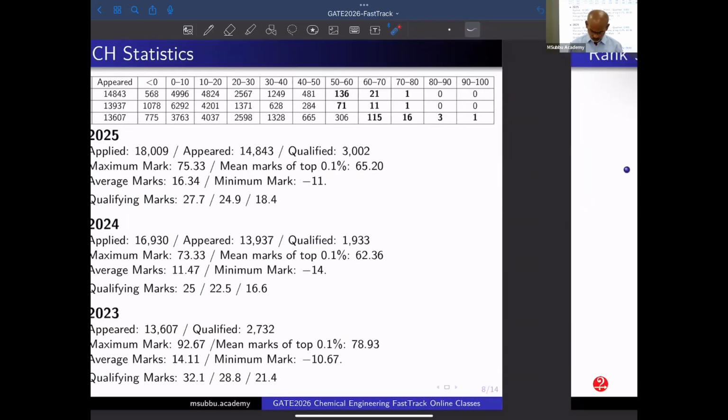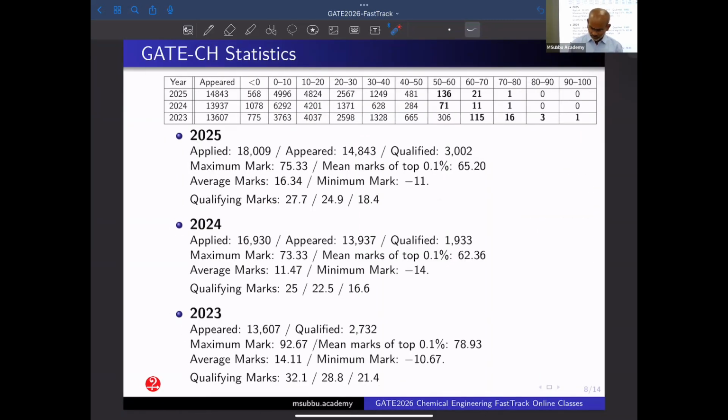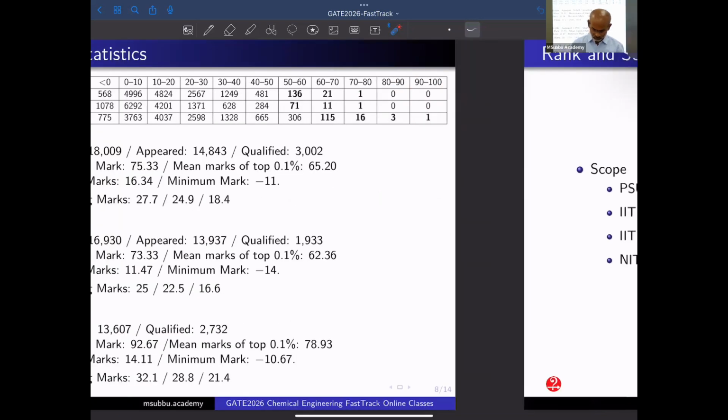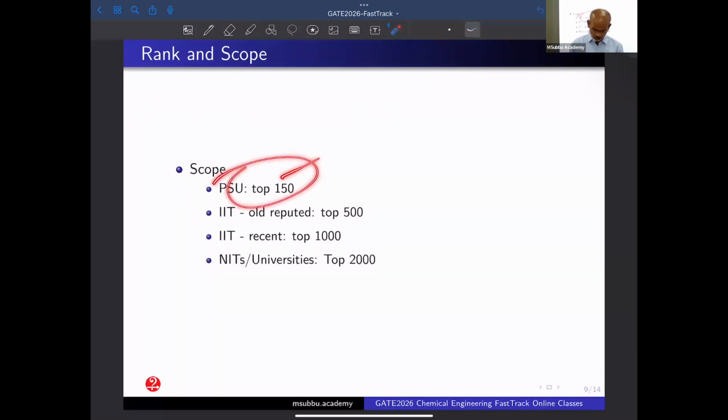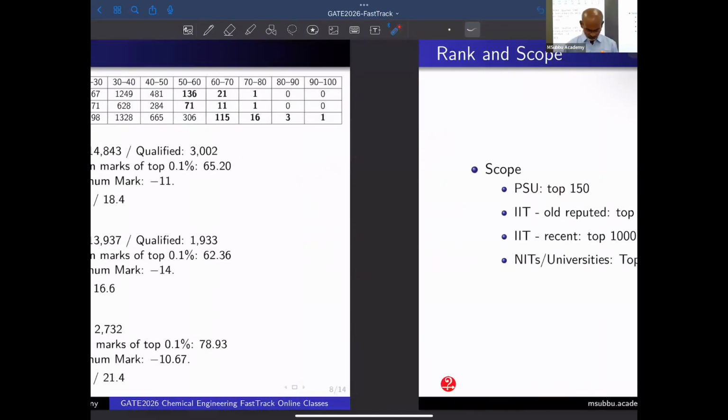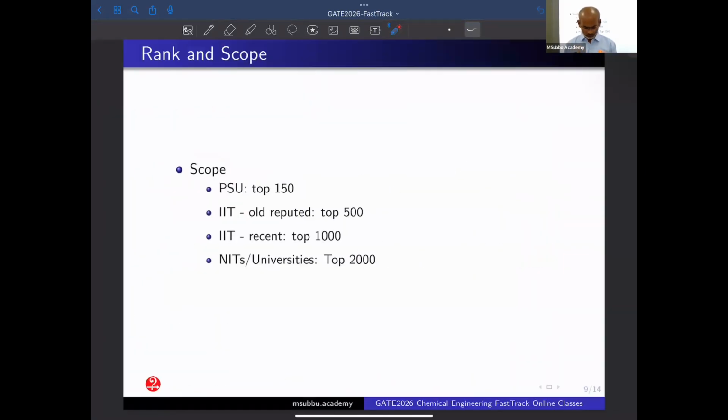So what we are aiming for here is that with this you can go into public sector units. You should definitely aim for this level, because it is for that only we are actually studying. These 4 years of study should result in getting placed in a nice public sector unit. Of course, if you are interested in higher studies you can do that, but I consider that the second priority.